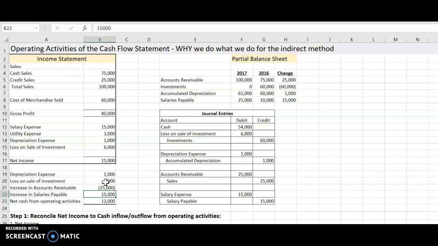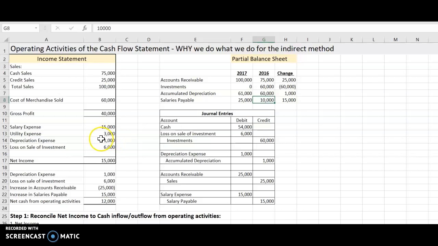Let's talk about if salaries payable would have gone a different direction. Here it went up, and when a liability goes up, we go up. But had it gone down, had your total liabilities gone down, that means I would have paid out more than I show as an expense on my net income.